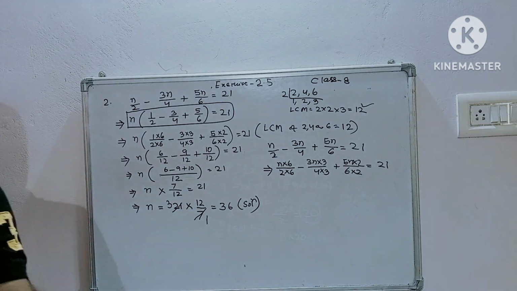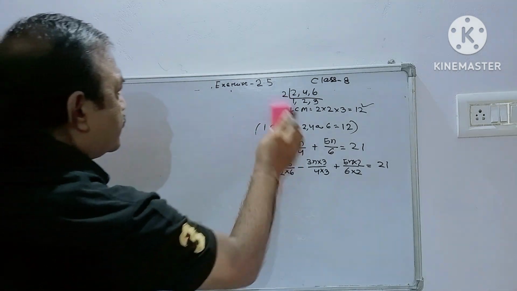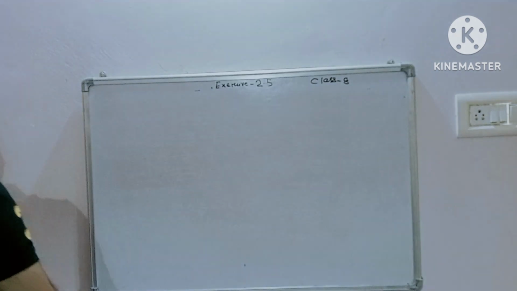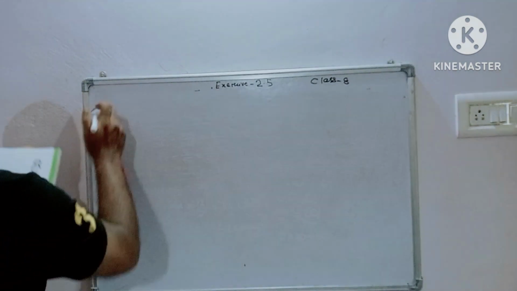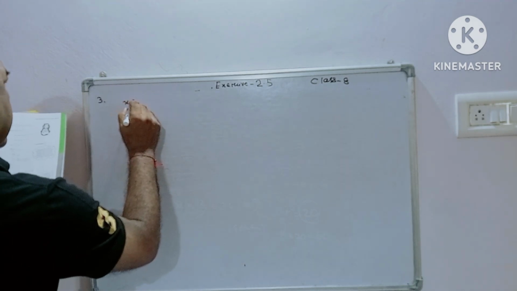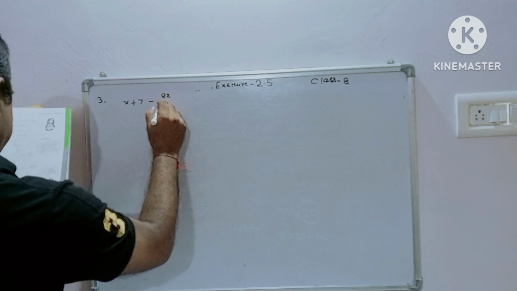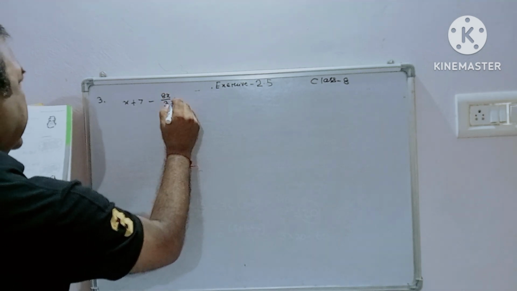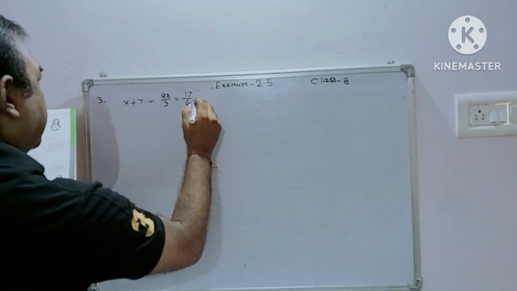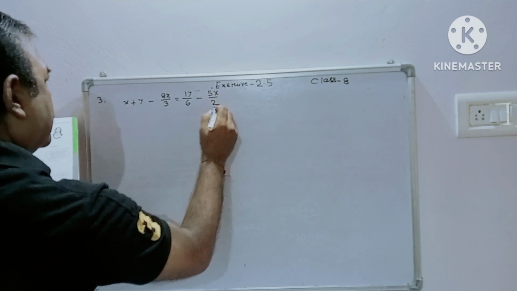So we will move to question number 3. Question number 3: x plus 7 minus 8x upon 3 is equal to 17 upon 6 minus 5x upon 2.